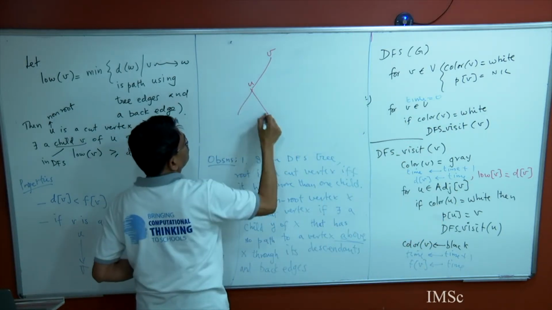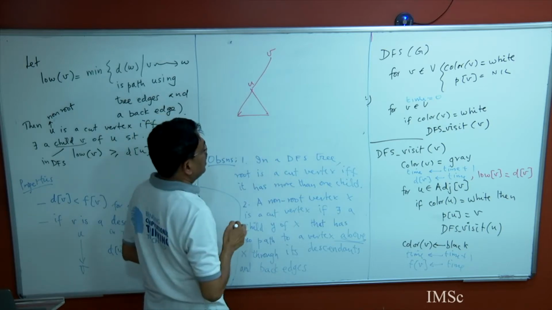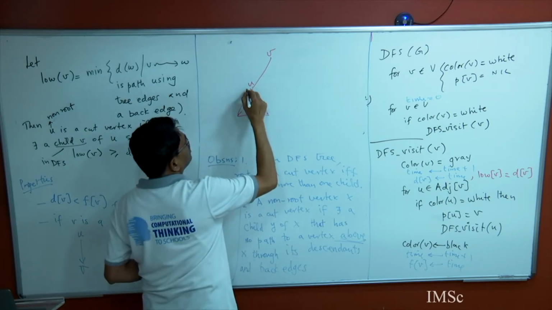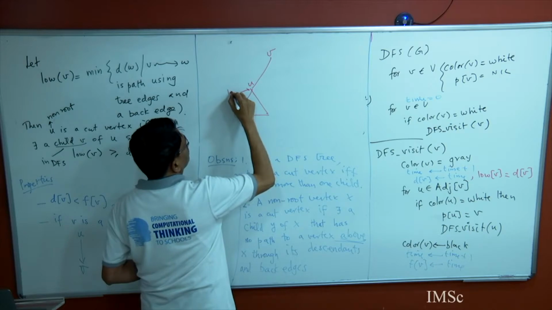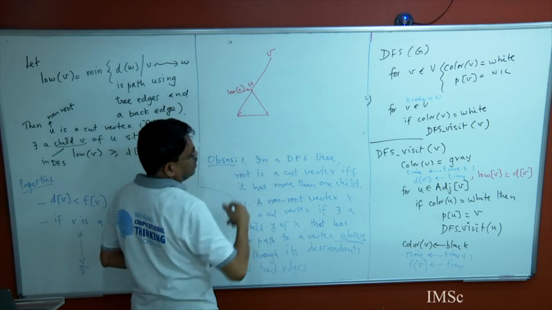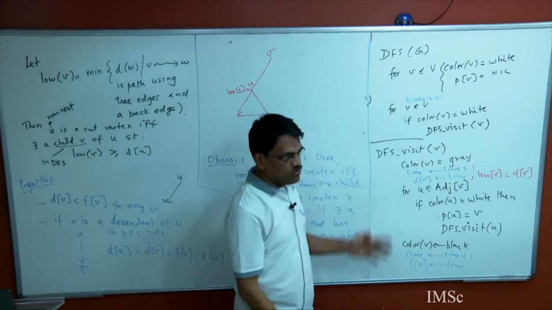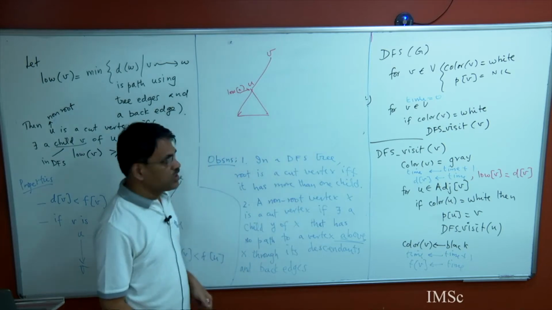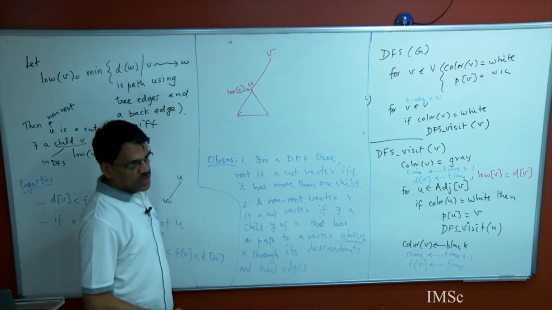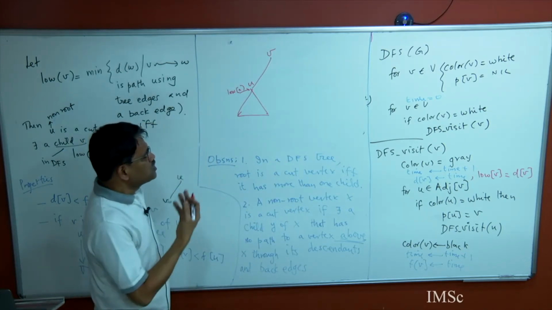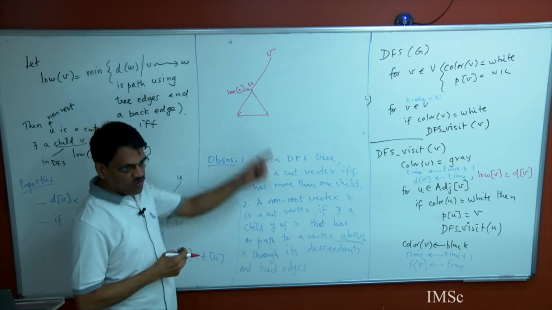So this is done. And at the end of it, I have a low value computed for this vertex, because DFS visit will have a low value for every vertex at the end of it. Now can I use it to update low of V?